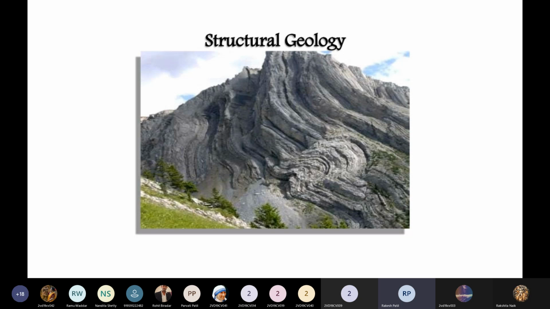Again, the stress applies there, then this bend will get more folded. Whatever you construct on this region may collapse. That is why it is important to study structural geology. In civil engineering, there are three major structures: first is fold, second is joint, third one is fault. Is it clear?